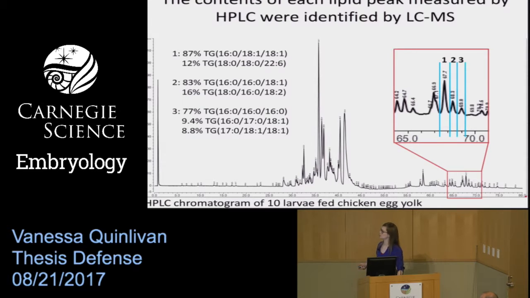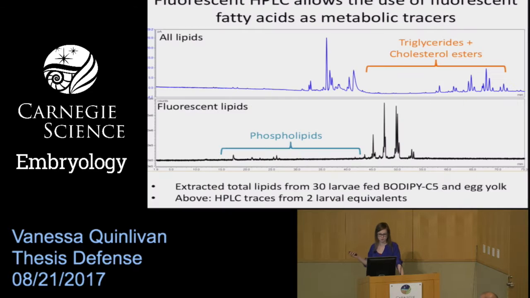There are actually, I'd say, 10 to 100 components of each of these peaks, but most of them are minor. 90% of the area of each of these peaks is accounted for by 2 to 3 triglyceride species. This was pretty interesting, and this is what we use to interpret our data that we get from this equipment now without having to run mass spec every time.